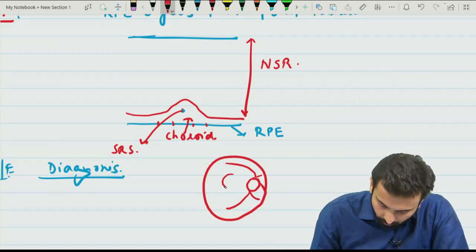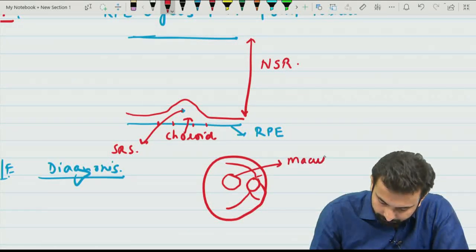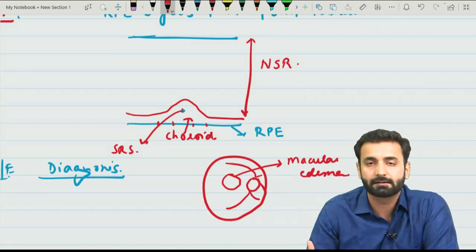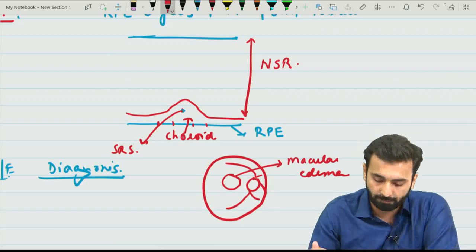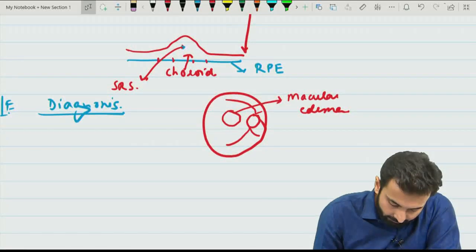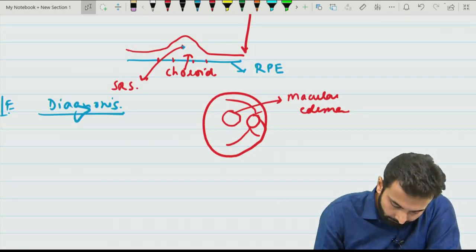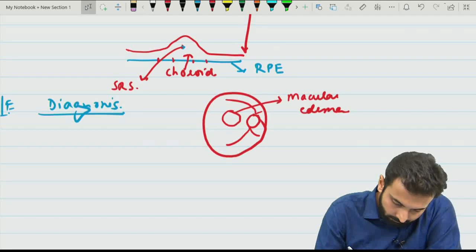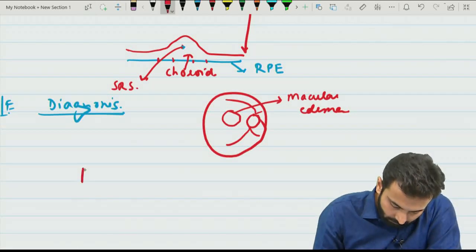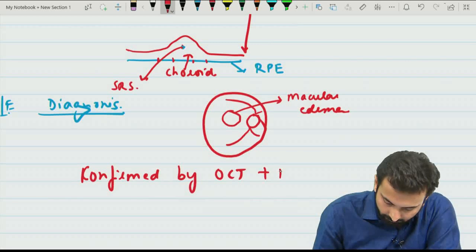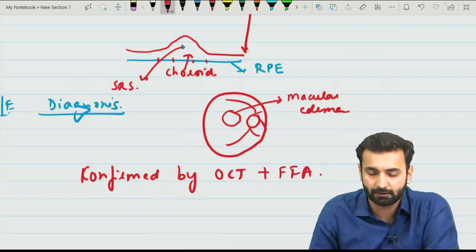You will see a round or oval shape of macular edema on fundus examination in CSR patients. Now you will confirm your findings with the help of OCT and FFA. FFA is fundus fluorescein angiography.